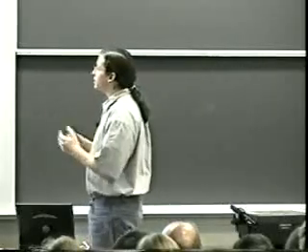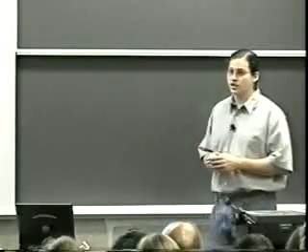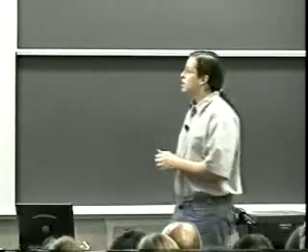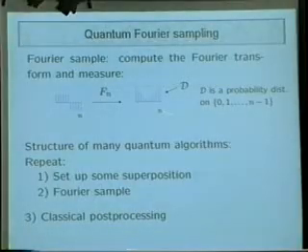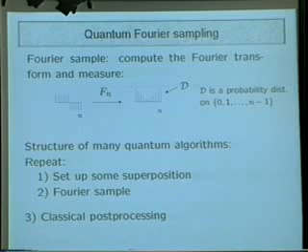Fourier sampling is computing the Fourier transform and measuring. We start with an arbitrary superposition, compute the Fourier transform, and measure the result. What we're interested in is the distribution induced by measuring the resulting state. We don't care about the actual Fourier transform or the phases, only the distribution induced, and we want to see what manipulations we can do to get this same distribution.